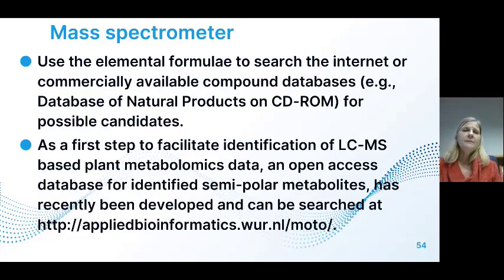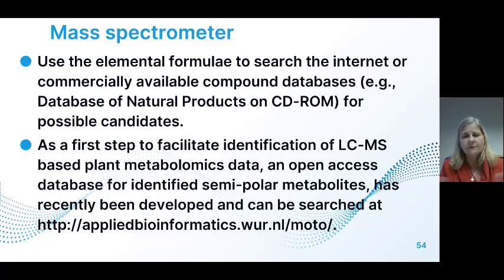You can also use your elemental formula to search the internet or commercially available compound databases, such as the one database of natural products, which you can find on CD-ROM, to look for your specific compound. You can also use it to identify plant metabolomics specifically, and the link that I have here is specifically for tomato plants, but you could use that one.